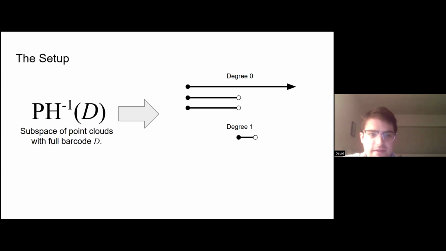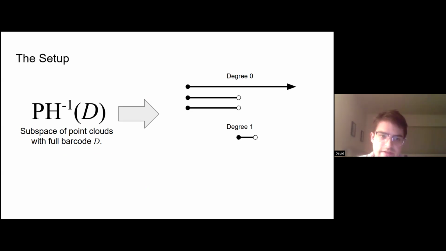What I'm interested in this talk is you give me a collection of intervals in each degree, and I want to know what's the subspace of point clouds with a full barcode D. Okay? And in particular, I'd like to know how big this space is. So if this space is really big, then that means persistent homology is sending a lot of different point clouds to the same output.